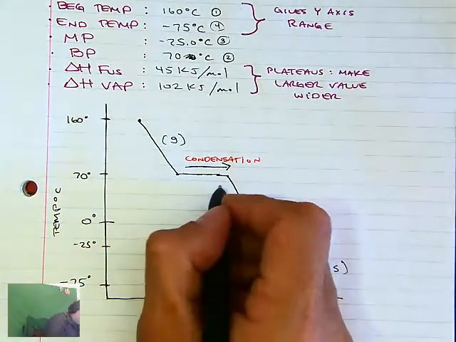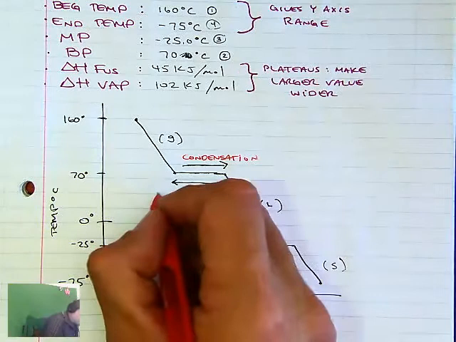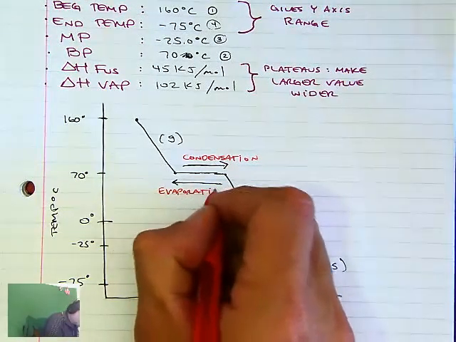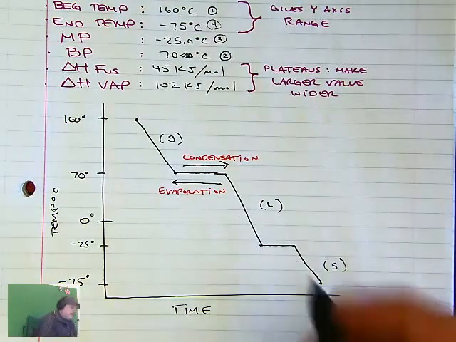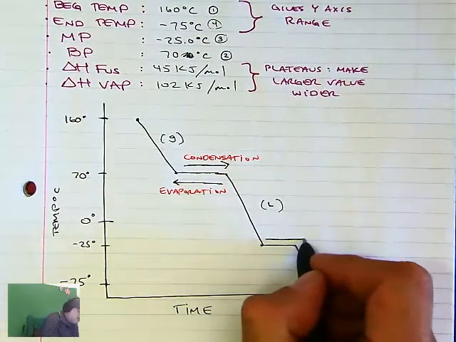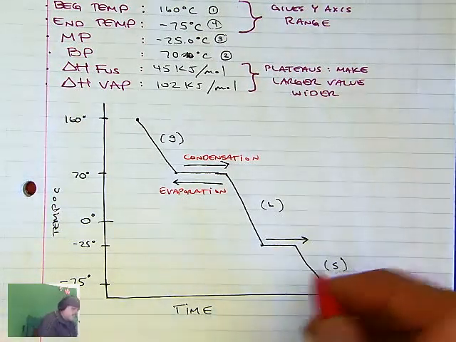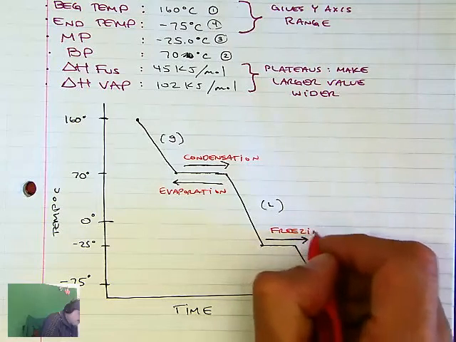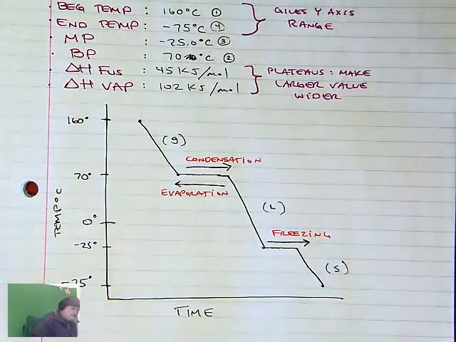If I go this way, like that, that's called evaporation. Okay? On this side, from liquid to solid, I think you guys know that when we take a liquid and we make it solid, that's called freezing. And then when we do the opposite, it's called melting.